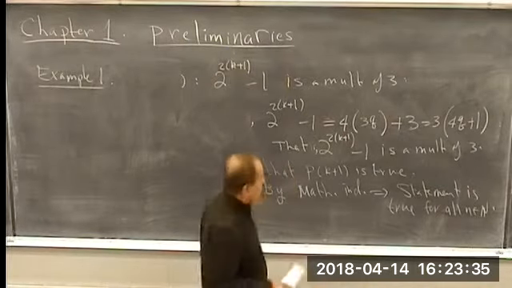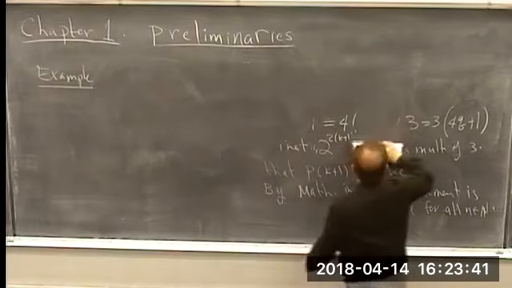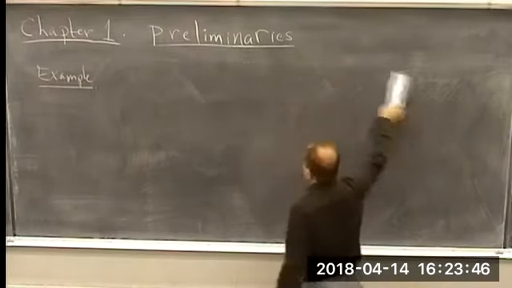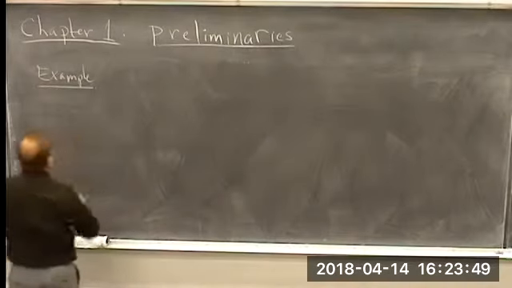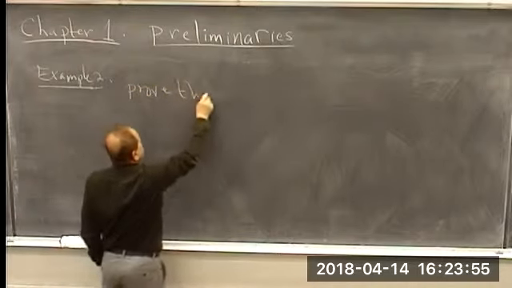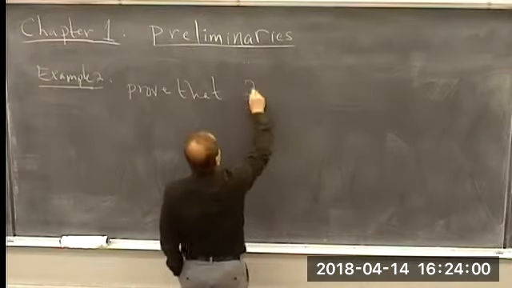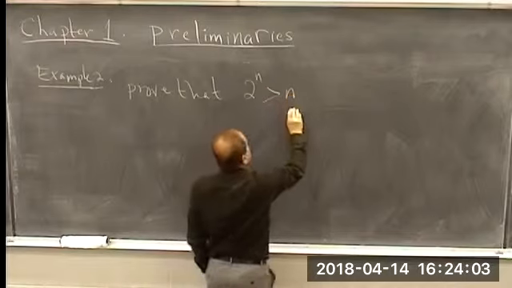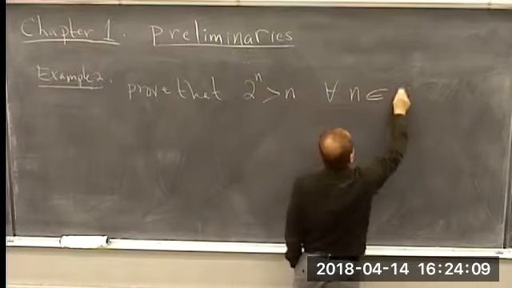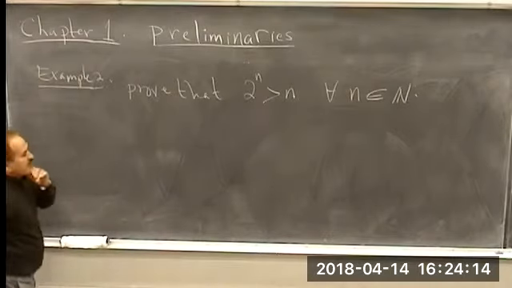All right? Let me look at another example, and prove that 2 to the power n is strictly bigger than n for every natural number n. All right, so this time I'm going to be a little less formal.